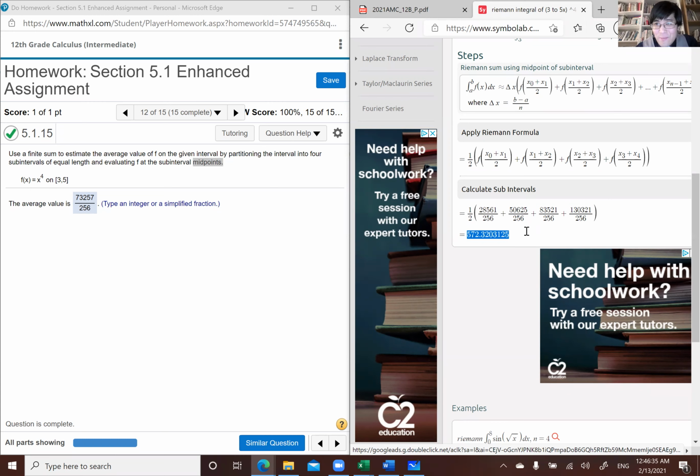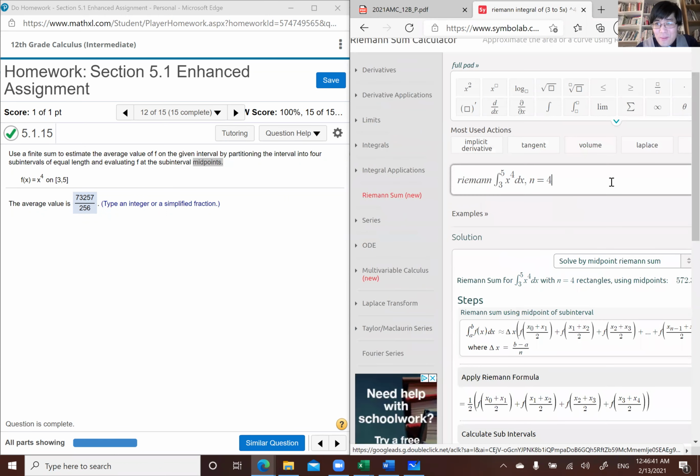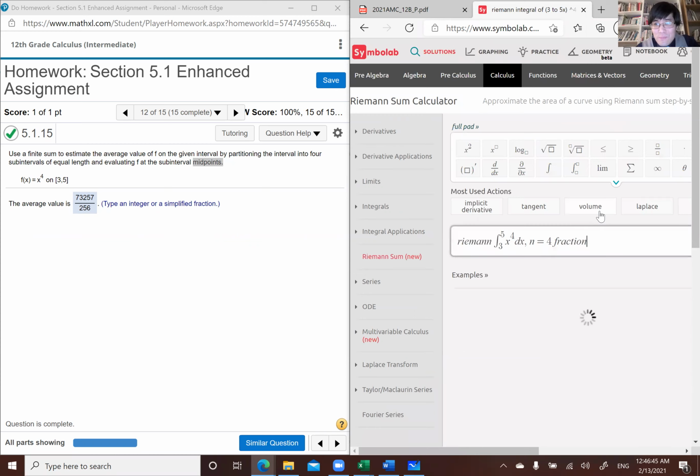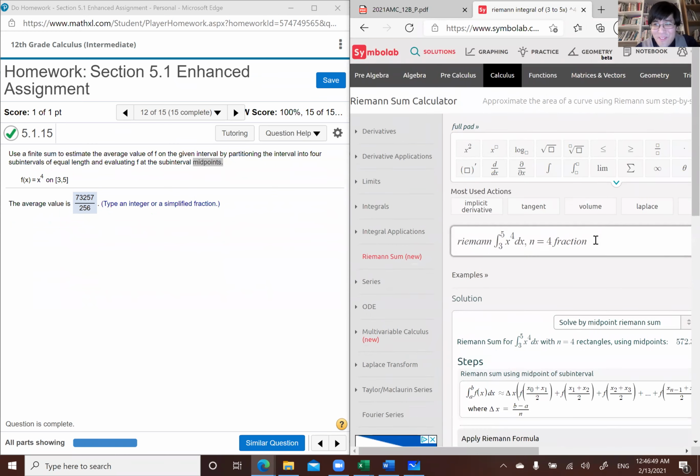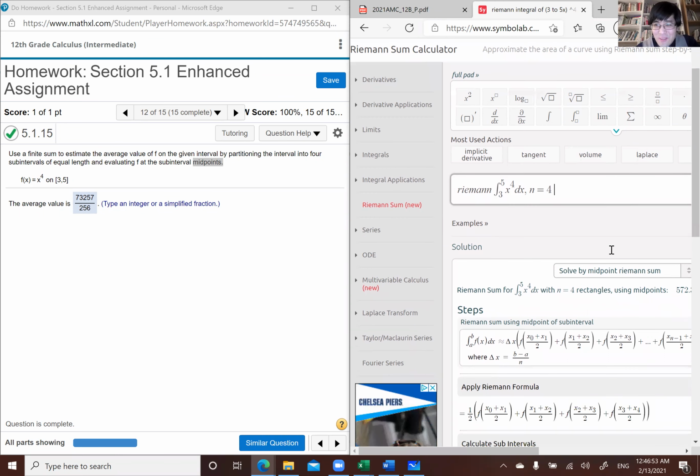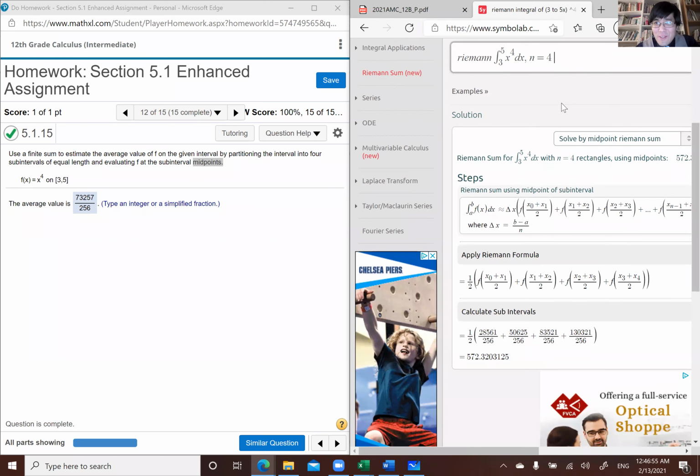Oh my gosh. What should I do? How do I change it to fractions? Can I just type fractions? Nope. I might have to use a different one to find it.